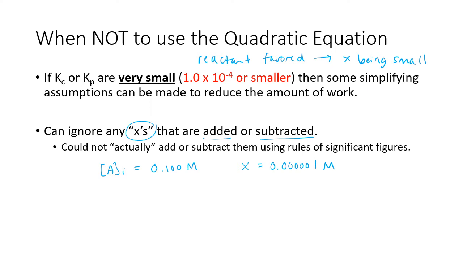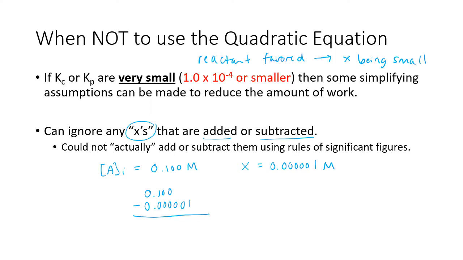In theory, we would need to end up subtracting our change in concentration from our initial concentration. And so we would take 0.001 molar and we would subtract 0.000001 molar. And now you might remember the rule of sig figs. We can only keep as many digits past the decimal as there are in the number with the least digits past the decimal.